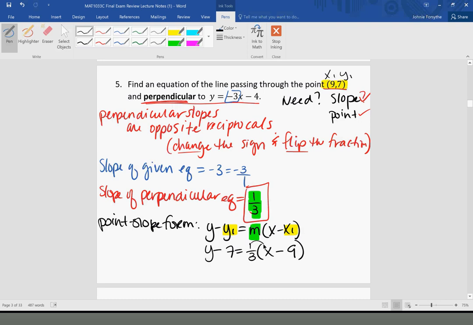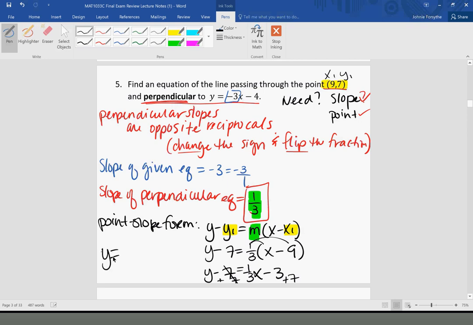So we're going to distribute: 1/3 times x is 1/3 x. 1/3 times -9 is -9/3, which will be -3. So we have y minus 7 equals 1/3 x minus 3. And so now to get y by itself, to put it in slope-intercept form, we're going to add 7 to both sides.